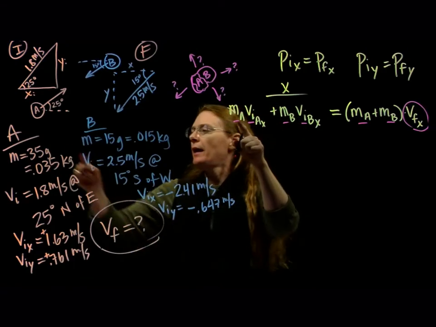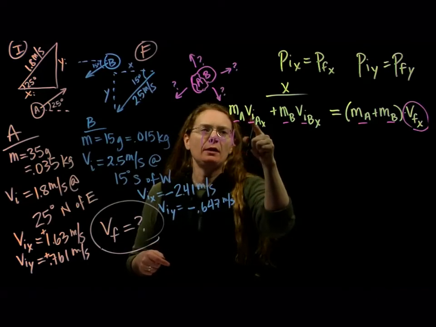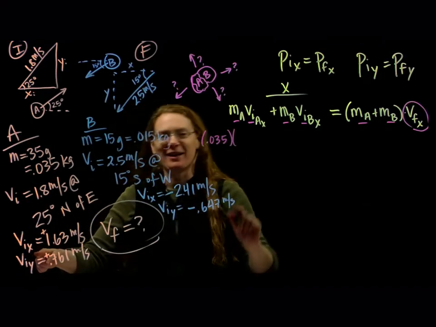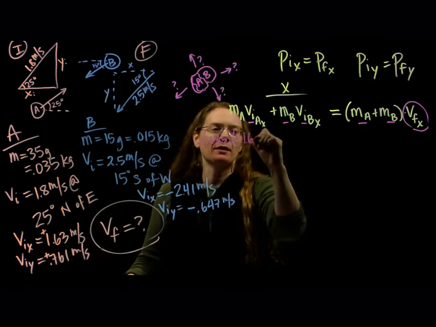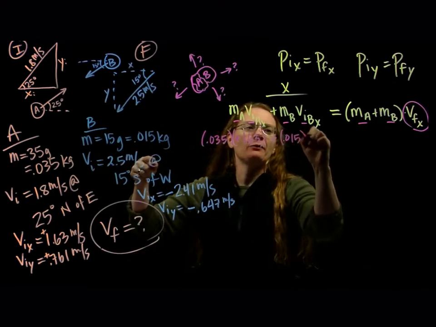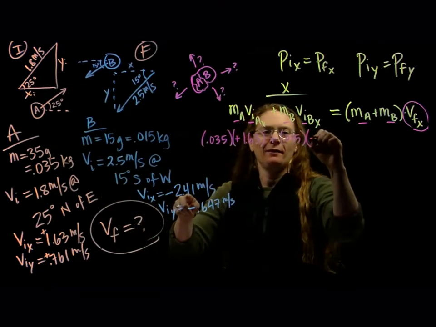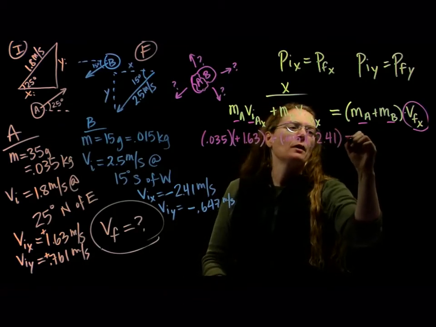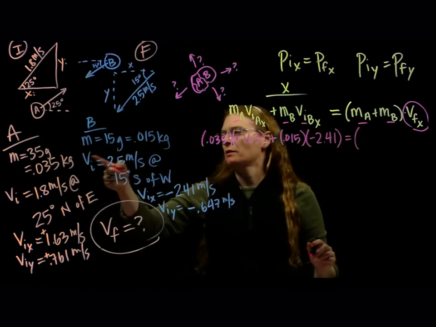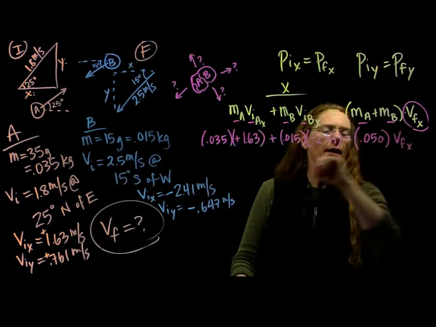The mass of A, 0.035 times V initial A in the x direction, plus 1.63, plus the mass of B, 0.015 times V initial BX, negative 2.41, equals the mass of them combined, 35 plus 15 is 50, so 0.050 V final x.